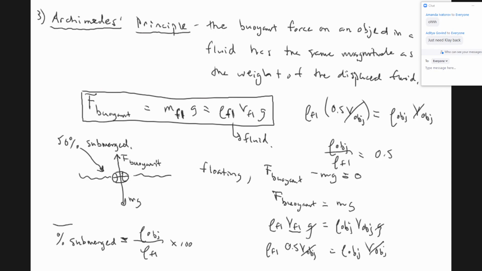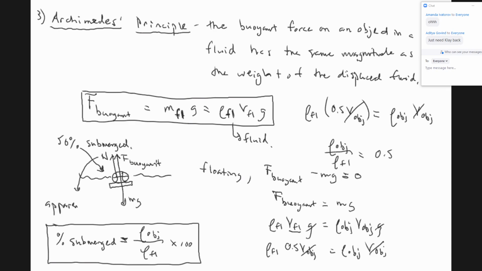This is one of those equations that comes up quite often because they love asking about percentage submerged in solution. Another thing that they love to ask is what we call apparent weight. Realistically, apparent weight is, imagine if we had a scale here that we weighed that thing, and that's simply the normal force. So normal force is what we call apparent weight for that object.